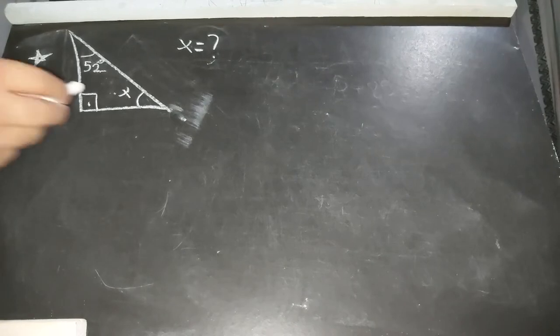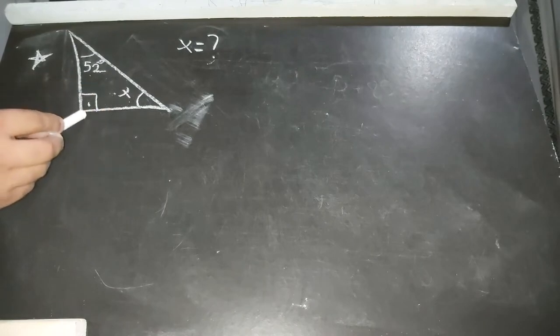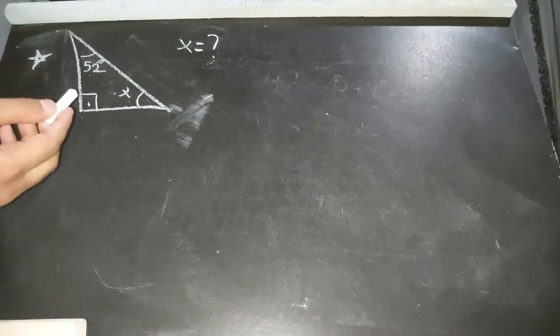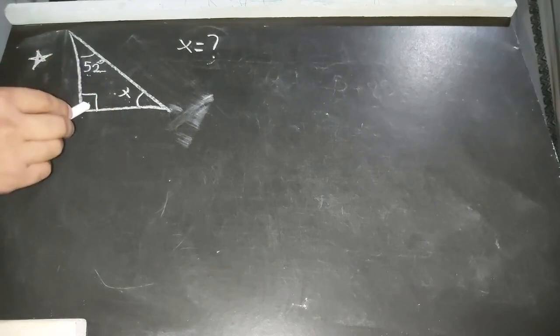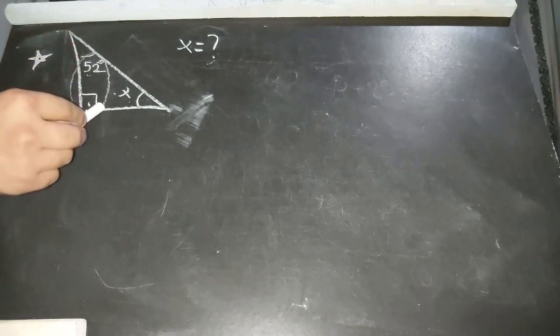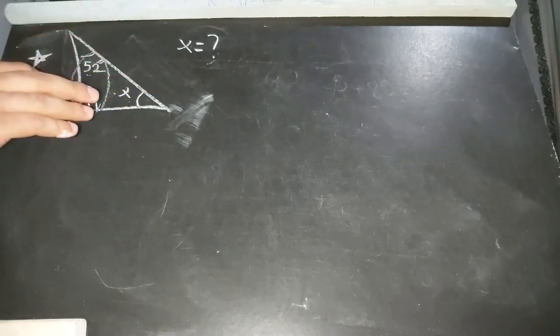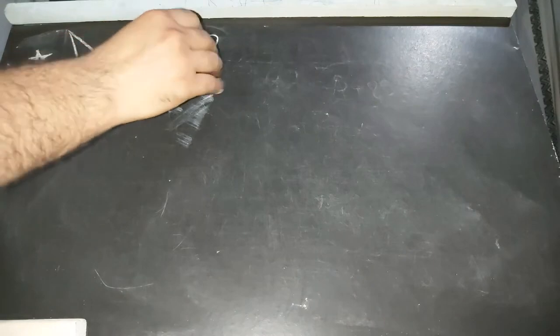So now let's have a look at this question. 52, x, and a right angle. What was a right angle? 90 degrees. Okay, so x plus 52 plus 90 equals 180, or this plus this subtracted from 180, then you are going to find the answer. Now it is up to you which one you want to use.